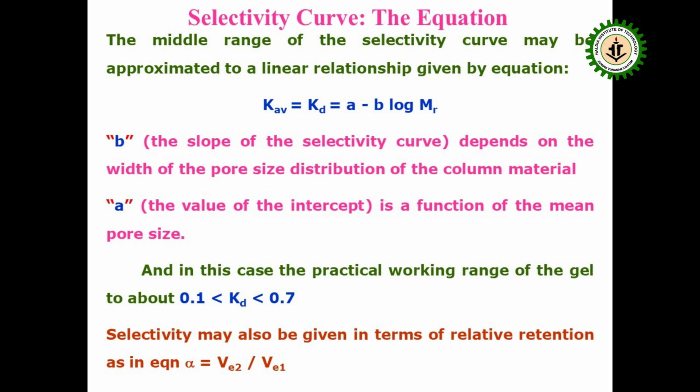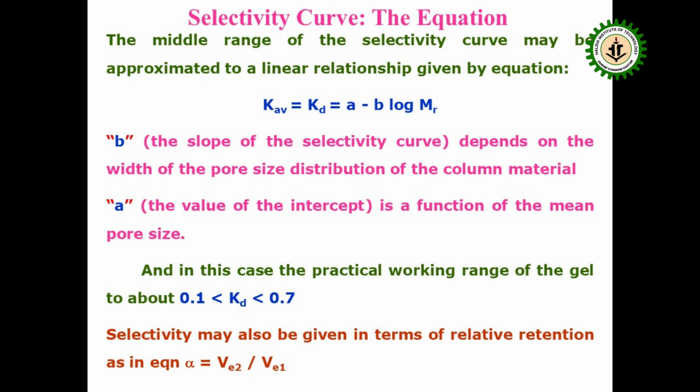That means the Kd value will lie between 0.1 and 0.7. This is the maximum reasonable portion of the selectivity curve, where the different molecules included by the column will be separated at different times by different elution volumes.